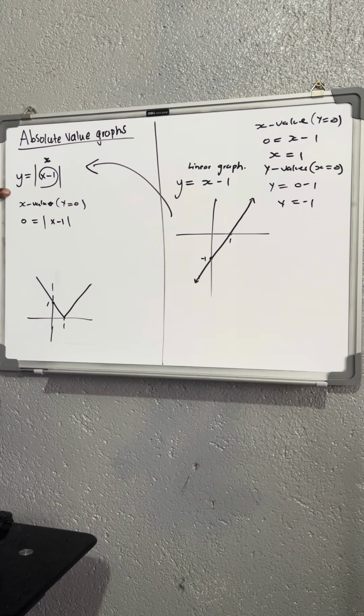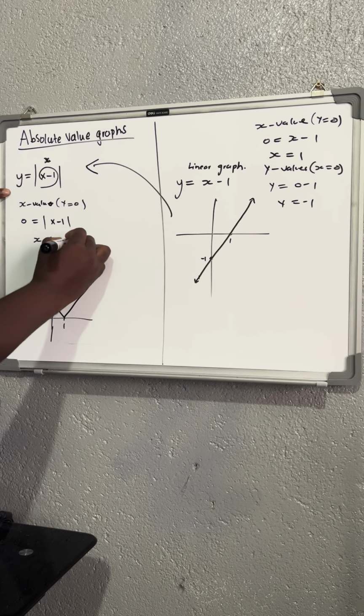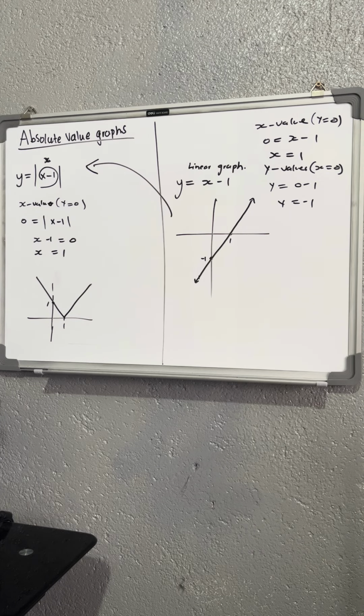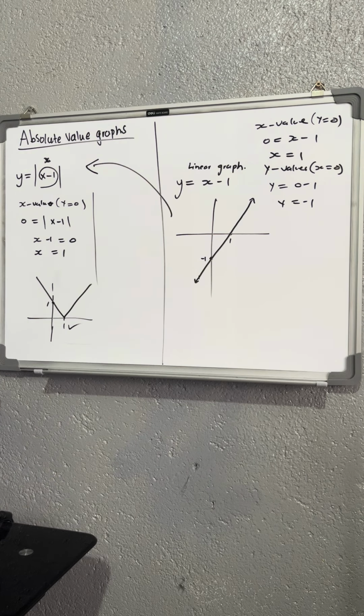So this one can just be written as x minus 1 equals 0. Therefore x would be equal to 1. Hence we got it here. Then we move to the y side.